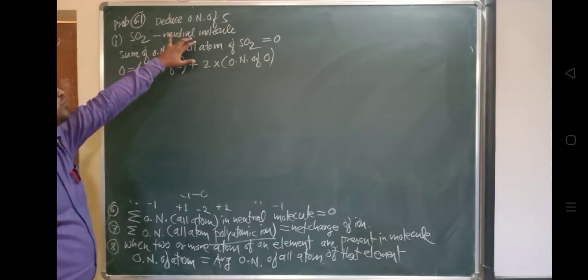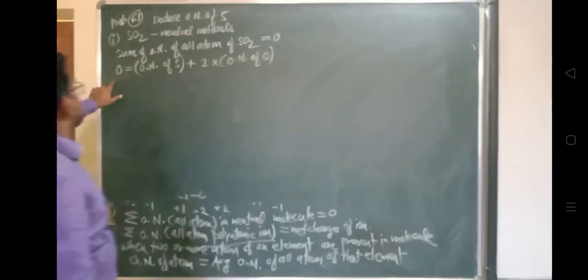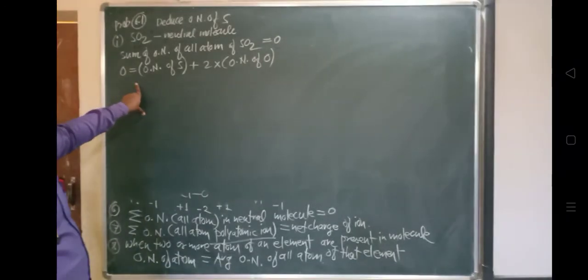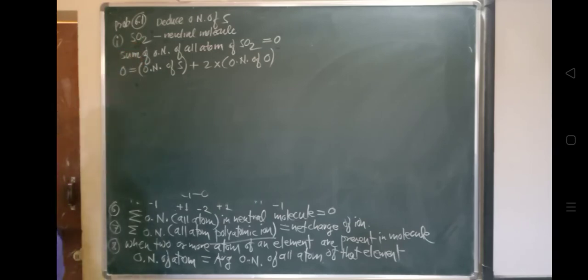Neutral molecule means the sum of the charges is 0. So 0 is equal to the oxidation number of sulfur plus 2 times the oxidation number of oxygen, because two atoms are present.